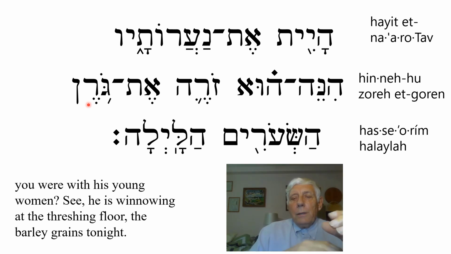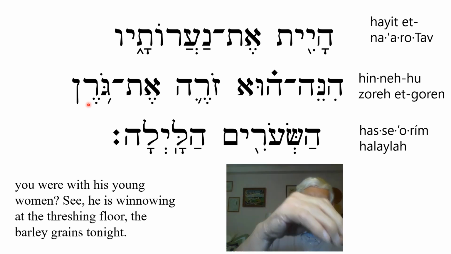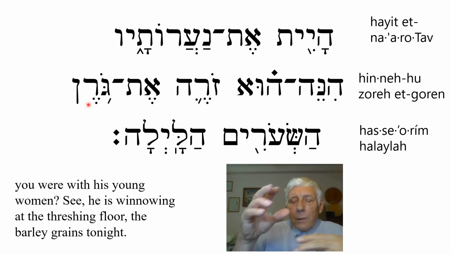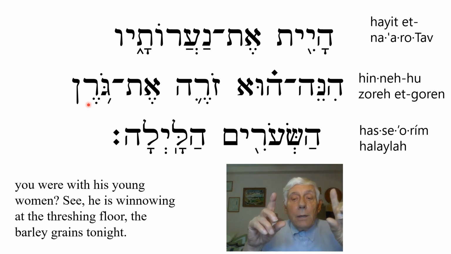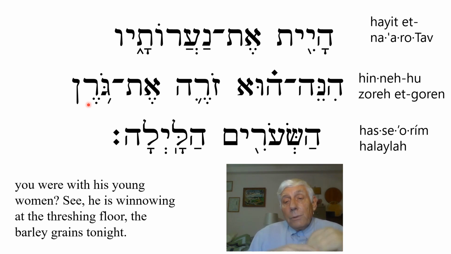If the fleece is wet and the surrounding ground is dry, or if the fleece is dry and the surrounding ground is wet, on successive nights, it was in a sense asking the Lord for a sign. And the Lord did make a decision for him. After this sign was brought to Gideon, he, of course, gathered all the troops together to fight the Midianites. And so it became one of the most notable stories of the time of the Judges.